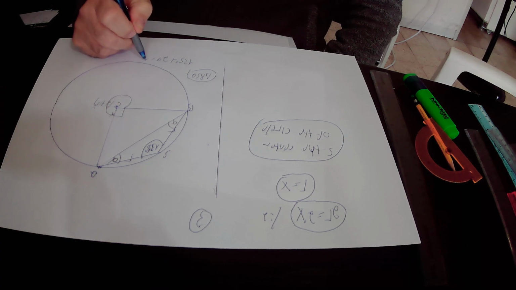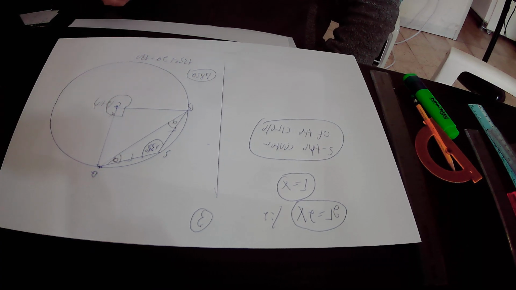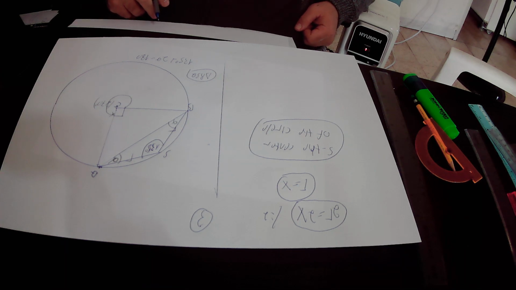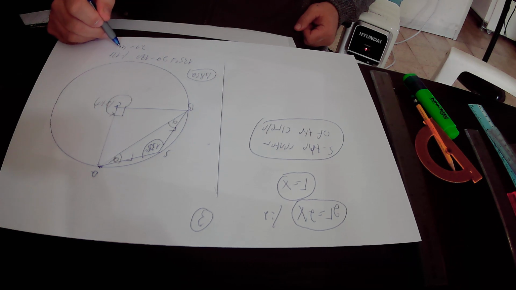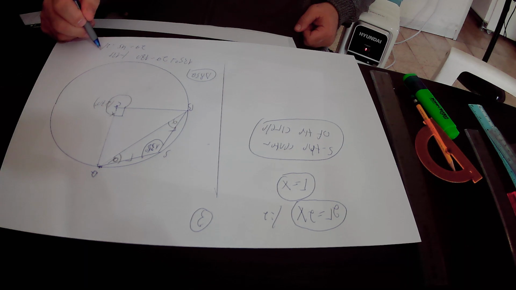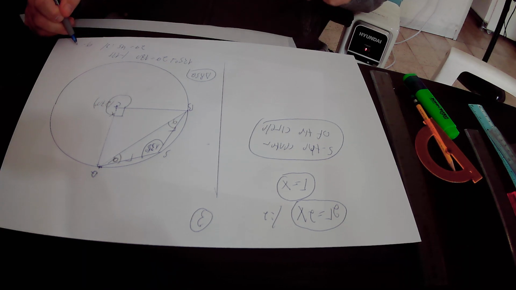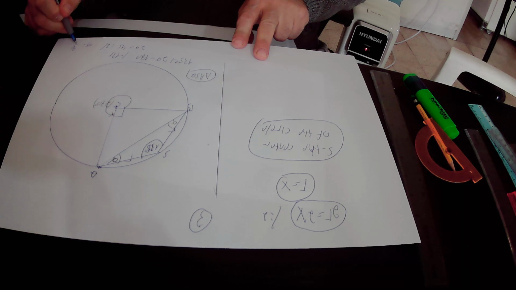In total, they must be equal to 180 degrees. So we subtract 135 degrees and get that 2 alpha equals 180 degrees minus 135 degrees, which is 45. So 2 alpha equals 45. We divide by 2 and finally get that alpha equals 45 over 2 degrees.